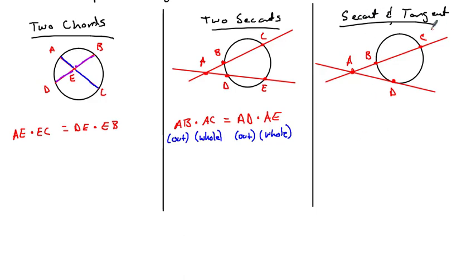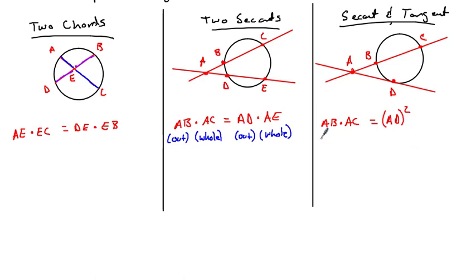All right, our last one, a secant and a tangent, is exactly the same as two secants, except that the idea of an outside and a whole changes a little bit. So for this picture, AB times AC is equal to AD times AD, which is AD squared.